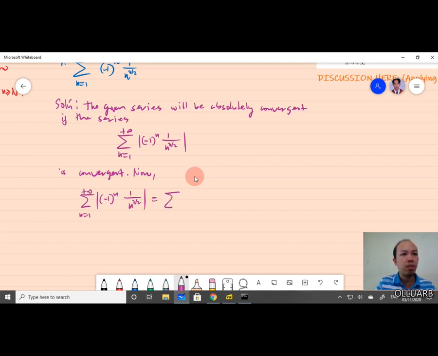Notice that this is an absolute value and our n starts from 1, and we know that the absolute value of a negative or positive number is always positive, so that is equivalent to 1 over n to the 3 halves, starting from 1 to positive infinity.